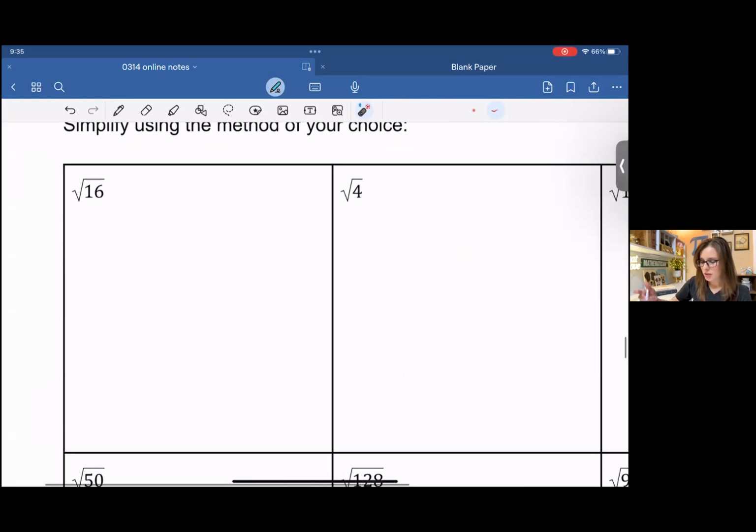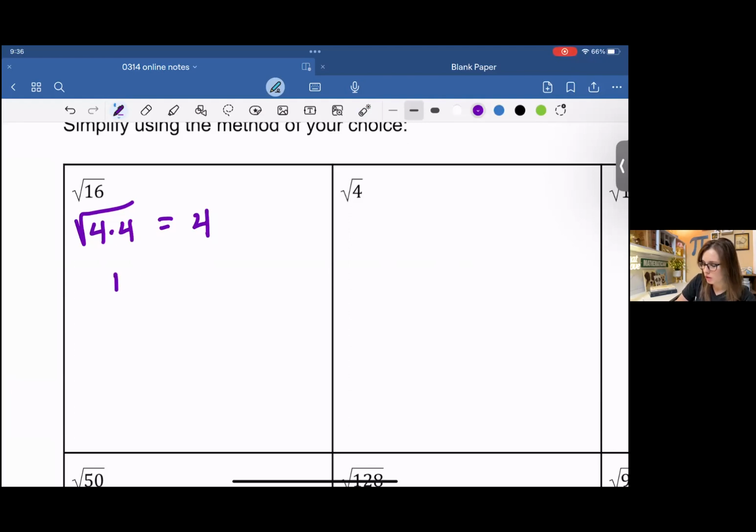All right, so square root of 16, we know that 16 is 4 times 4. And by definition, we use one of the two equal factors. So the square root of 16 is just 4. If you wanted to, you could use the prime factorization. This one was a perfect square, so it's kind of simple.